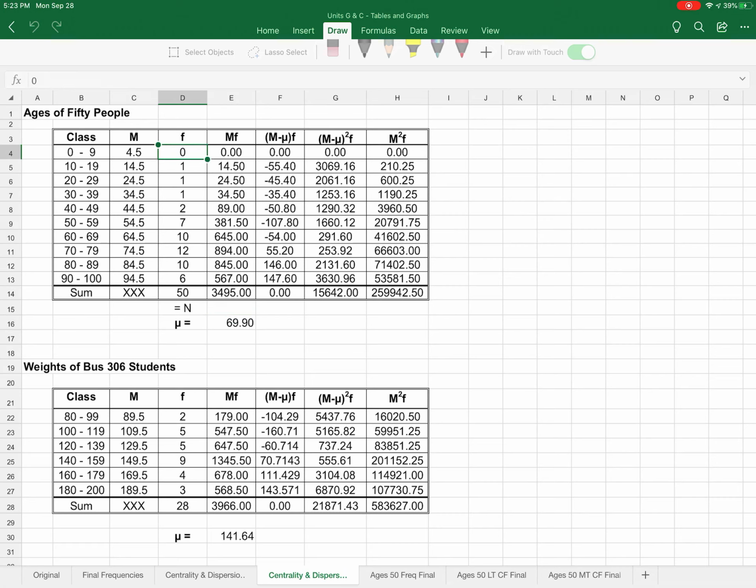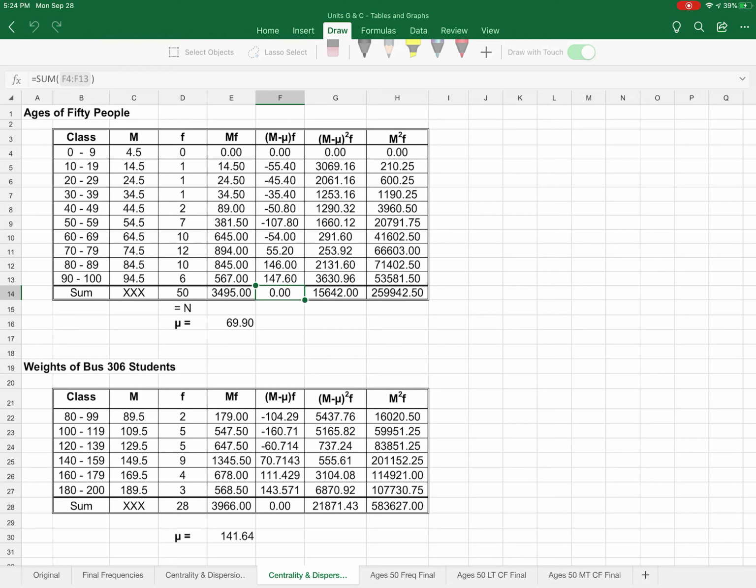Well, that's just 0 in the first case. That's kind of boring. But the next one is 14.5 minus 69.9, and then multiply by 1 gives you a deviation of 55.40.